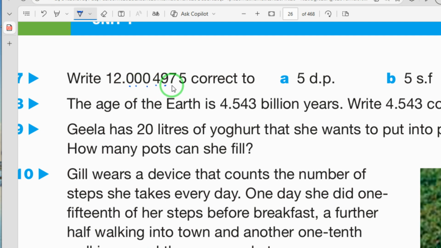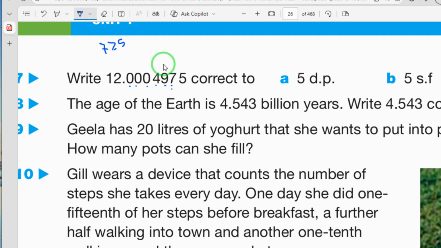We face with 7. Actually 7 is larger or greater than 5 here. So we ignore from 7 and we round up 9. 9 become 10. We add 0 and 1 plus 4 become 5.